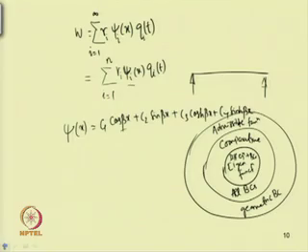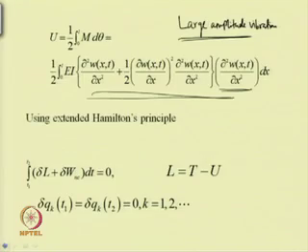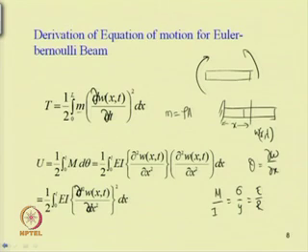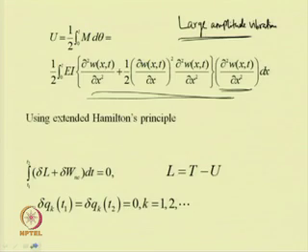So, in this case we have just discussed two cases. In one case, if one takes the potential energy in this form, that is half integration 0 to L EI (del square W by del x square) whole square, one can get the linear Euler-Bernoulli beam equation.